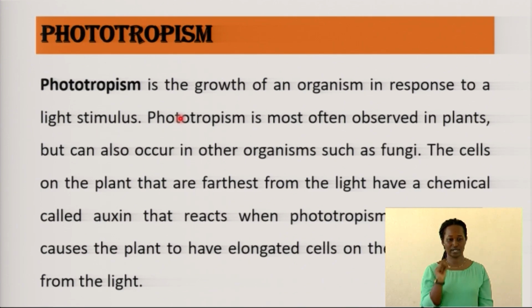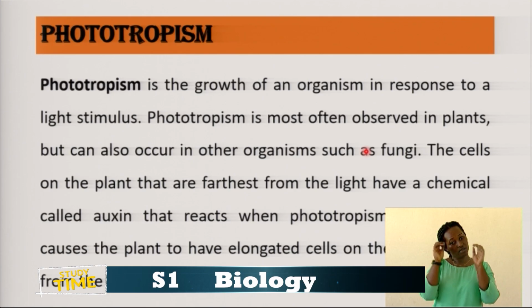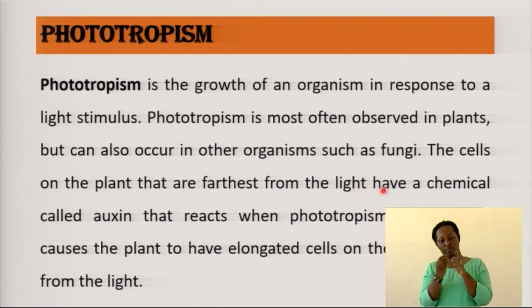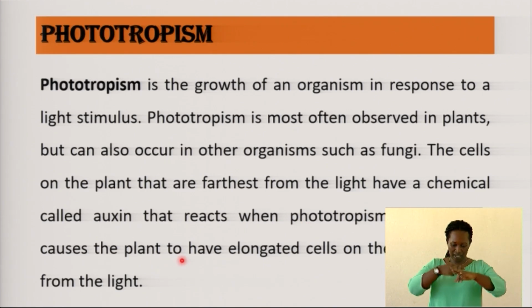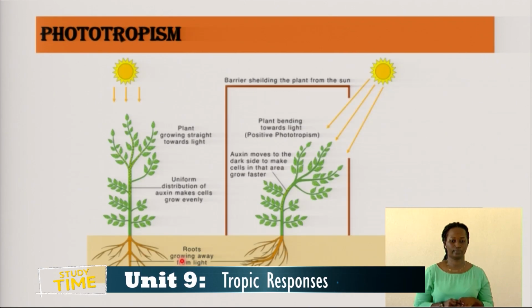This phototropism is most often observed in plants, but can also occur in other organisms such as fungi. The cells of the plant that are farthest from the sunlight have a chemical called auxin that reacts when phototropism happens. This causes the plant to have elongated cells on the farthest side from sunlight.